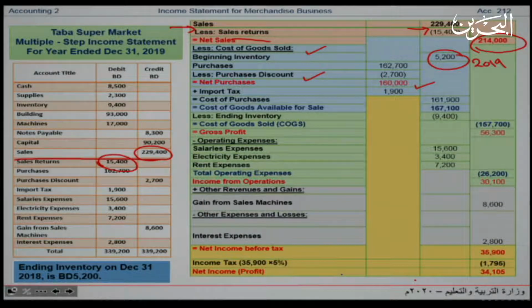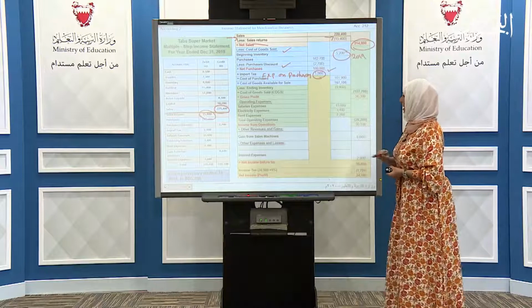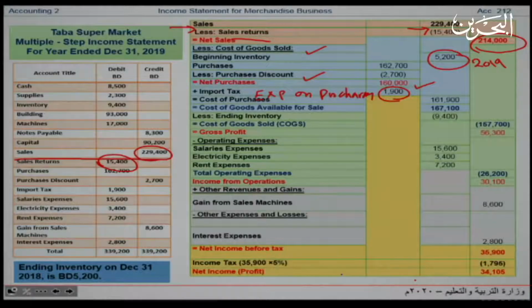Then I will add the expense on purchases, which is the import tax with a figure of 1,800. So then I will get the cost of purchases with a figure of 161,900.